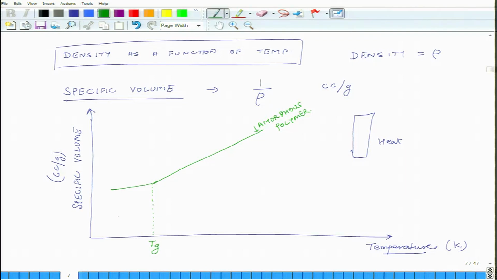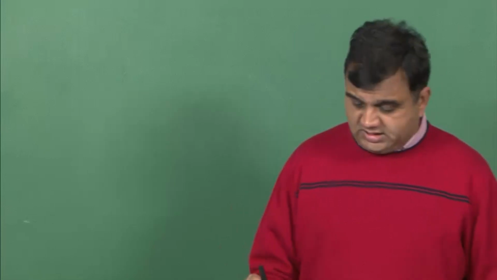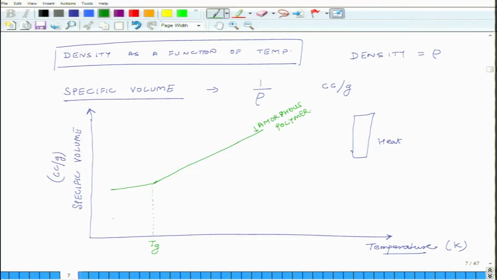Now in case of semi-crystalline materials, what happens? They are much more well organized, and crystal structures are more stable, so they can take a lot of heat. So initially when I heat it, what will be the initial density?